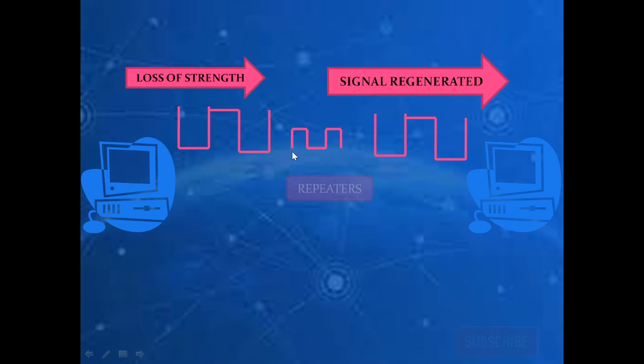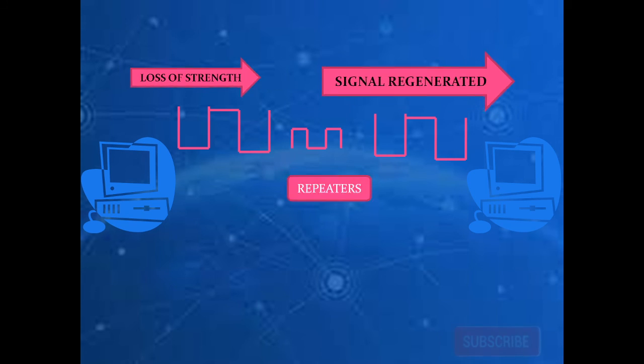Remember, a signal can only be regenerated if it is weak, not if it is completely lost. Here the signal is getting weaker, and if we attach a repeater here, it will be regenerated again. So this is the function of repeater.